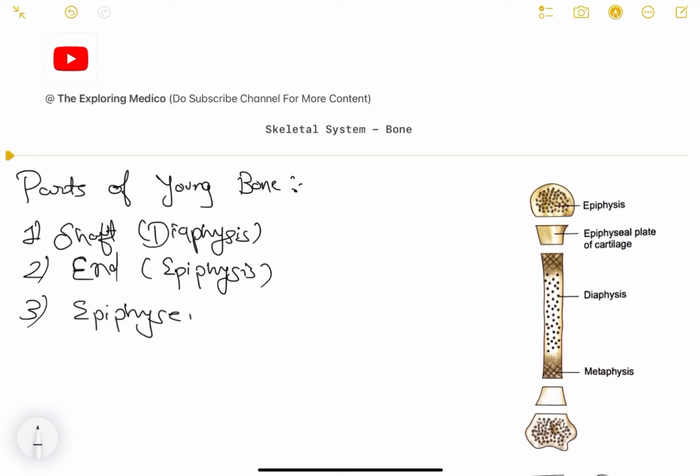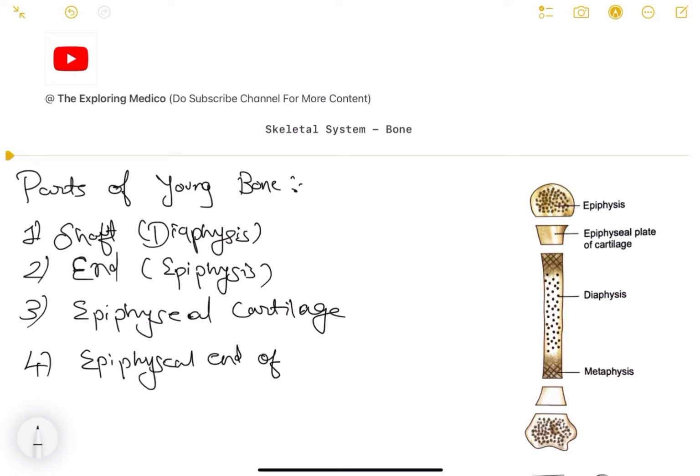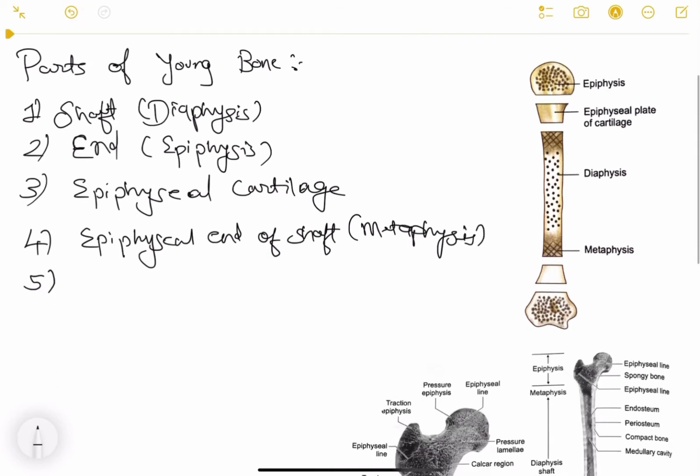Third, epiphyseal cartilage. 4th, epiphyseal end of shaft, that is metaphysis.